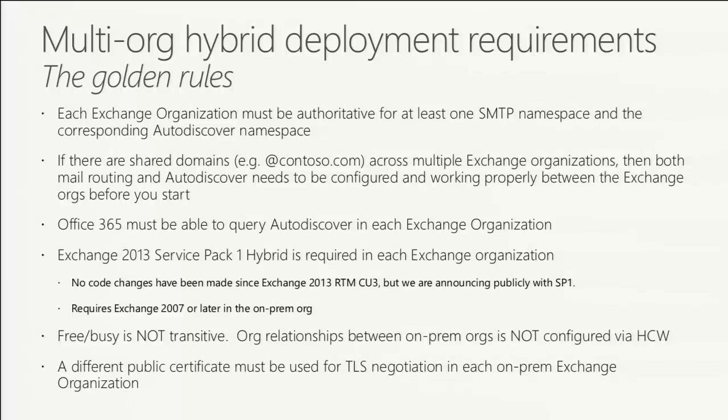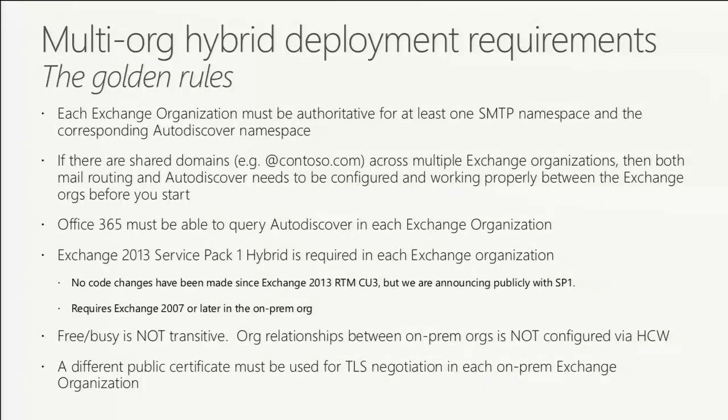If we do have a shared namespace configured, such as sharing Contoso across both of our on-prem organizations, we require you to have the mail routing and Autodiscover published properly for those on-prem orgs prior to setting up multi-org hybrid with Office 365.